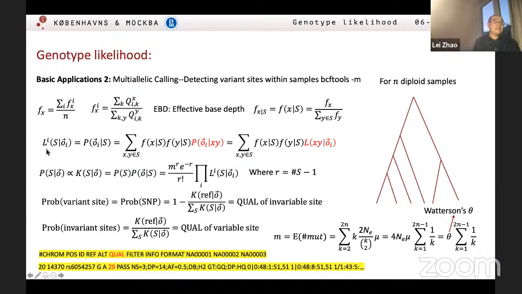We can calculate the likelihood of whether the variable observed from this one individual can be explained by this subset, and we can multiply them together, which means all the individuals' variables can be explained by this subset. And this part, as I said before, is the prior probability of the size of the subset.